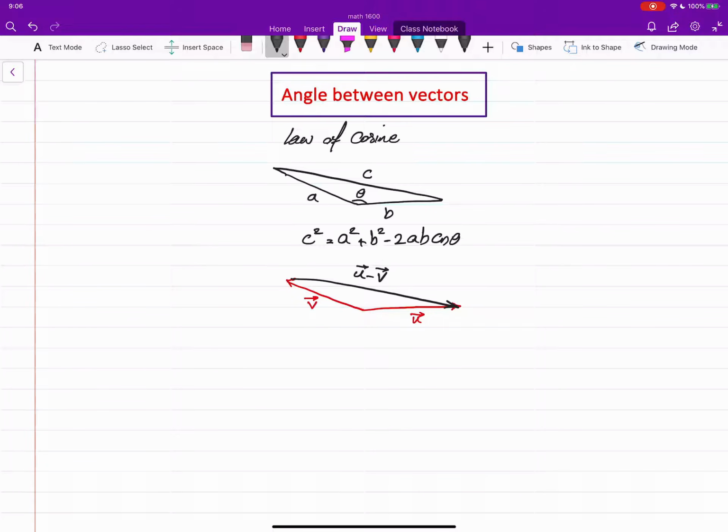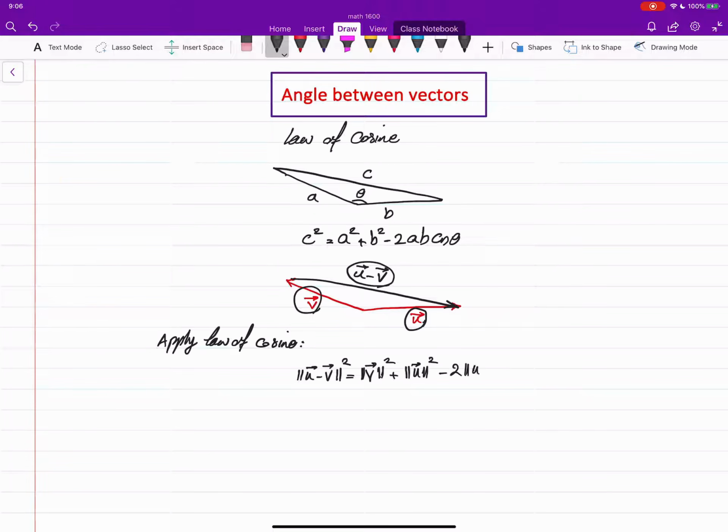So if we apply the law of cosine here, what we can get is that the length of this side, which is u minus v, squared is equal to the length of this side v squared plus the length of u squared, this is the other side, minus 2 length of u, length of v, cosine of theta, where theta is the angle between these two vectors.